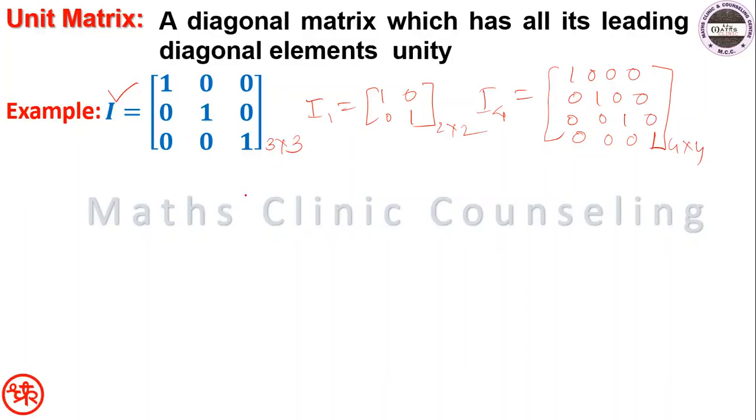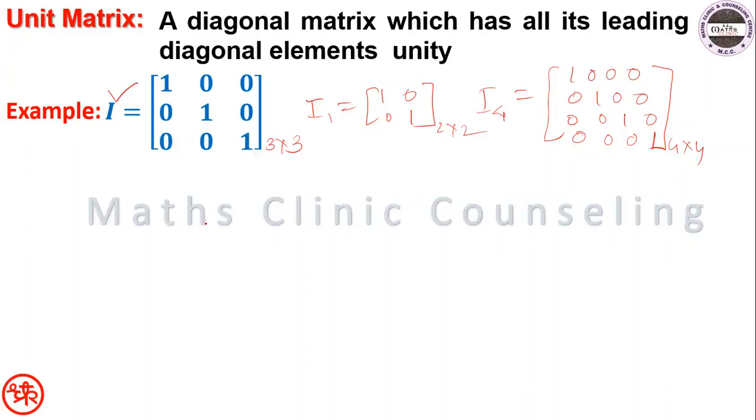So it is a unit matrix. Now tell me, every unit matrix is a scalar matrix, because in a unit matrix the diagonal elements are 1 1 1, so they are equal, meaning it is also called scalar. Or in a scalar matrix all leading diagonal elements are equal, meaning non-zero and equal, and therefore it is also a diagonal matrix, meaning a unit matrix is a scalar matrix.